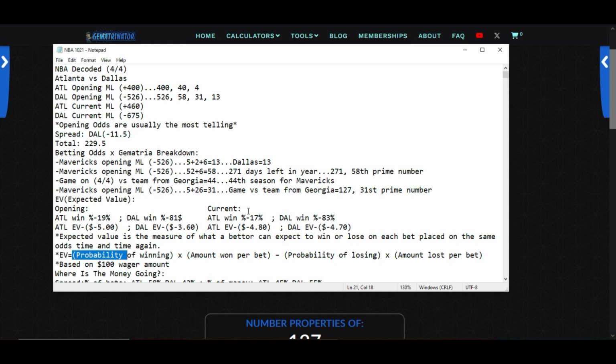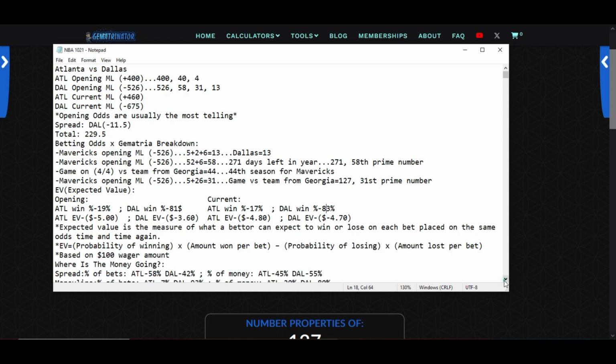Currently, it is 17%. It's gone down a couple because the odds have raised for the Mavericks. They're minus 675 now with Atlanta currently plus 460. And the Mavericks is 83% currently with that new minus 675 cost on the money line.